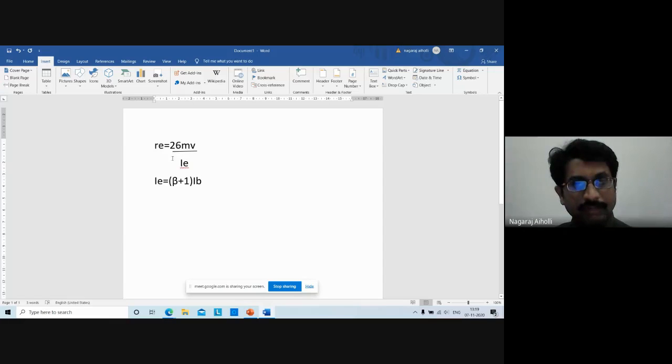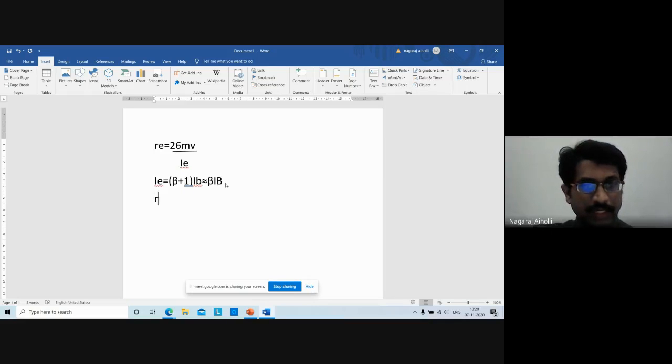Now if I replace this IE by beta plus 1 into IB, as beta is very large as compared to 1, therefore I can write it as approximately equal to beta into IB. For what we have here, IE is approximately equal to beta IB.